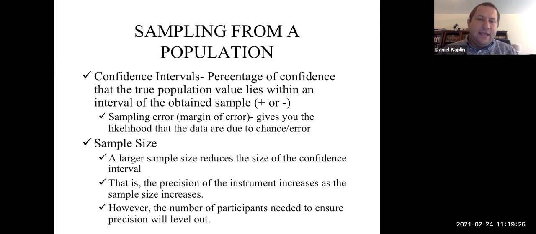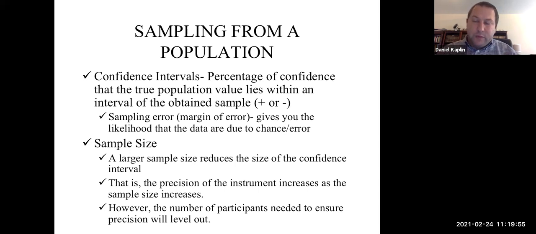So in IQ, you might see a confidence interval of 95, and then it says plus or minus, I'm making it up, but 7 IQ points. So if that's plus or minus 7 IQ points, if a person got an IQ of 110, what we're saying is that we are confident that their true ability is anywhere between 103 and 117, right? So that's what the plus or minus does.